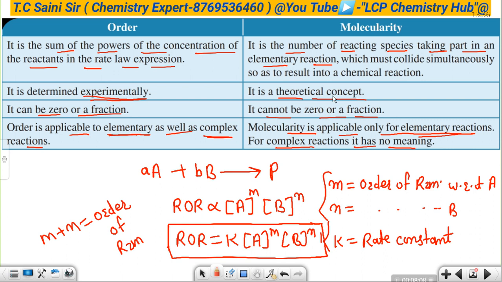And what is the definition of order of reaction and molecularity? Order of reaction is the sum of the powers of the concentration of the reactants in the rate law expression, whereas molecularity is the number of reacting species taking part in an elementary reaction.